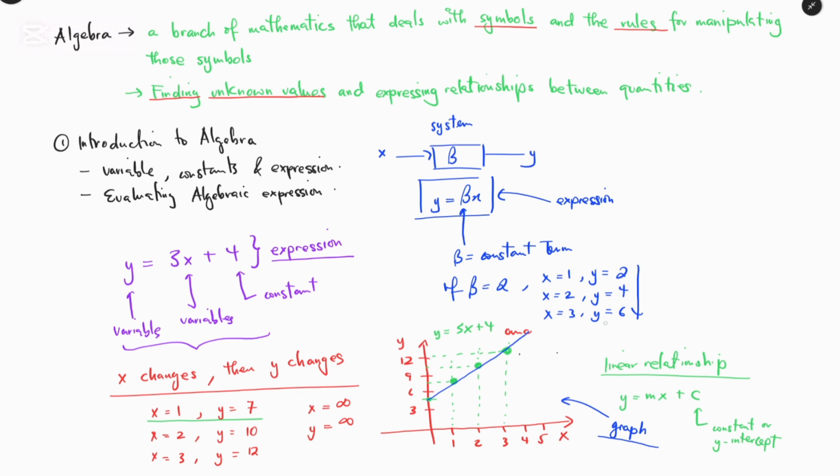And we can also plot this relationship on a graph such that we have the x, we have the y. We can have 1, 2, and 3, and we can have 2, 4, 6. Now we can see that when x equals 1, we have 2, when x is equal to 2, we have 4. When x is equal to 3, we have 6.